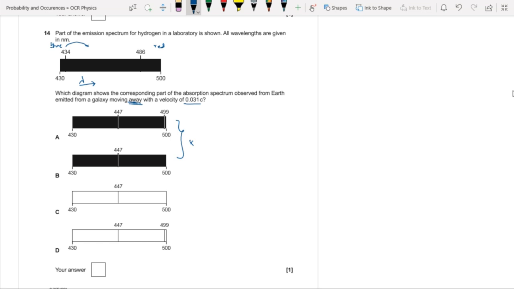So we need to recall some equations from the Doppler effect. For electromagnetic waves, there was a very simple Doppler equation: delta lambda over lambda is approximately equal to delta f over f, which is also approximately equal to v over c.